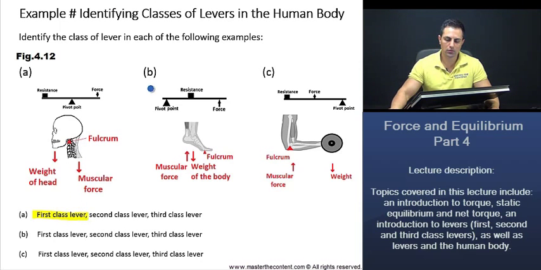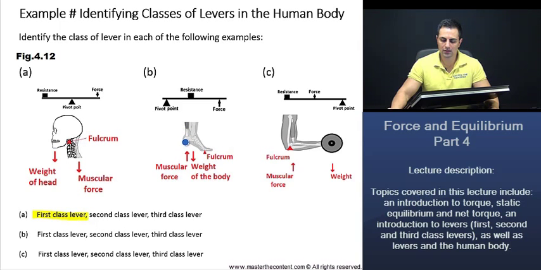Wonderful. Now let's move on to our second example. We have the arrangement of the pivot point, which is going to be your fulcrum, at your metatarsophalangeal joint right there. Then you have your resistance, which is the weight of the body, and then the force, which is your muscular force, your calf muscles.